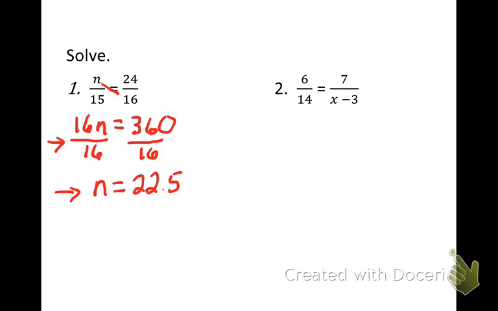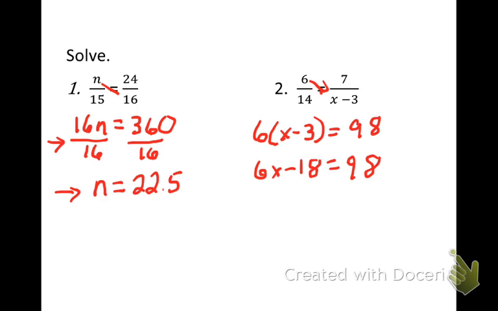Now in this one, what's diagonal from the 6? The whole thing, x minus 3. So you do have to use your parentheses. And the other cross product would be 7 times 14, which is 98. So you need to distribute: 6x minus 18. That's so important, why we learn this stuff, because now we're going to use it. So here we need to add 18 to each side.